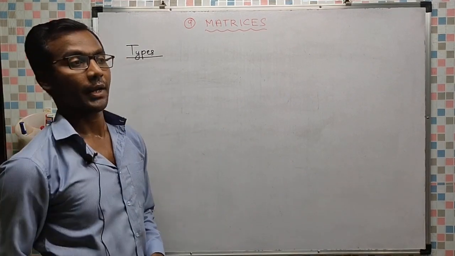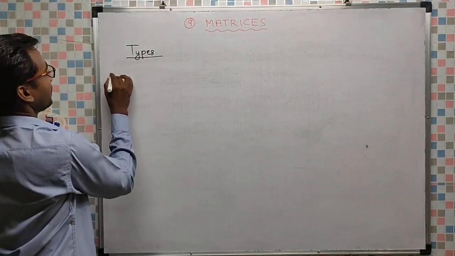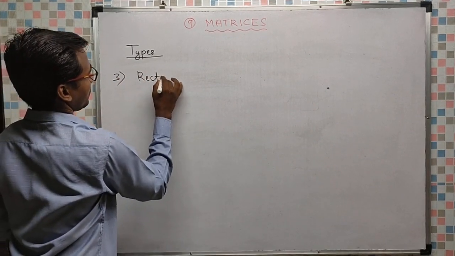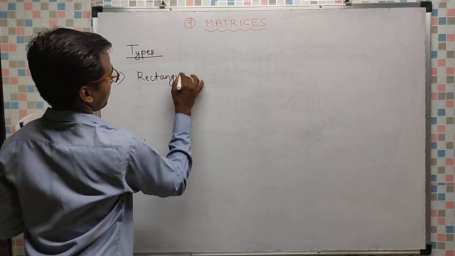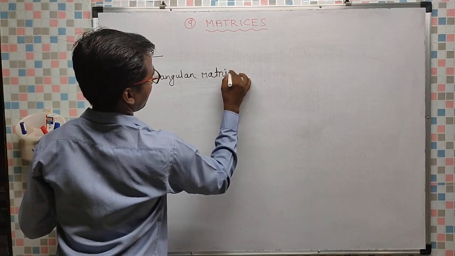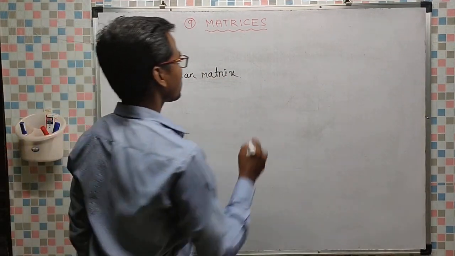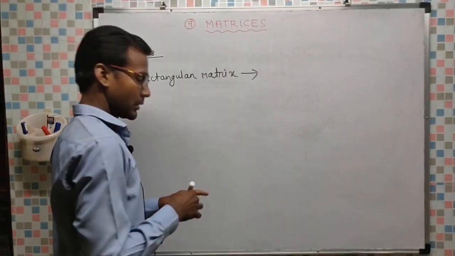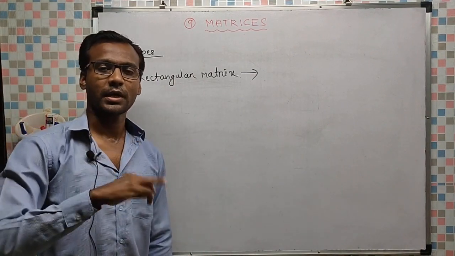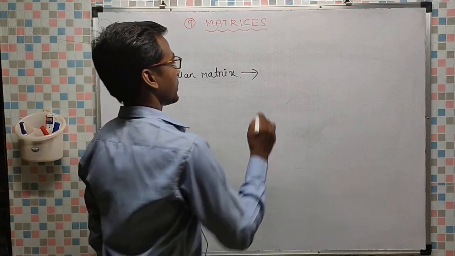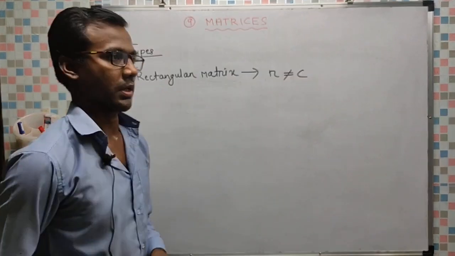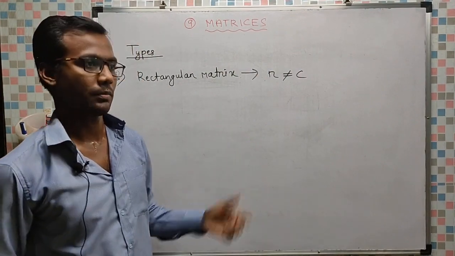Next we have rectangular matrix. It is a matrix in which the number of rows and number of columns are different, means R is not equal to C. Number of rows is not equal to number of columns.